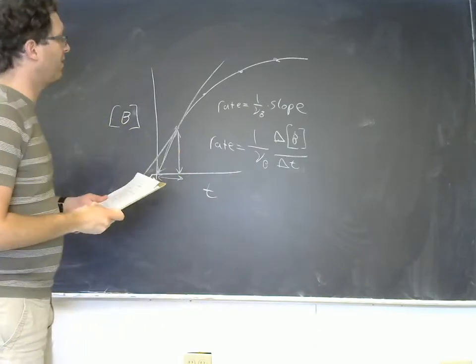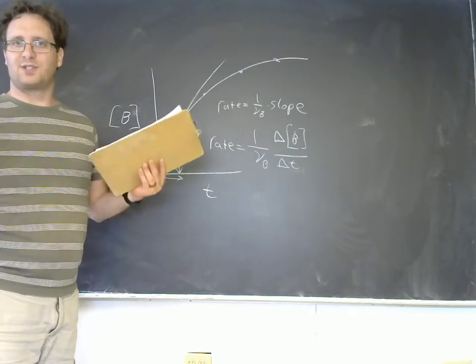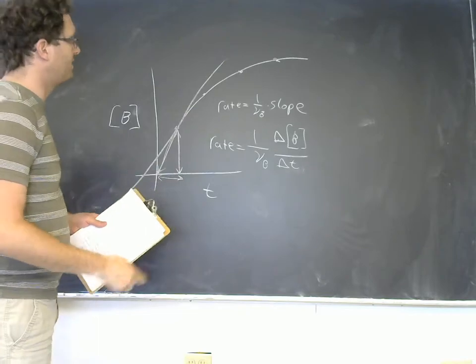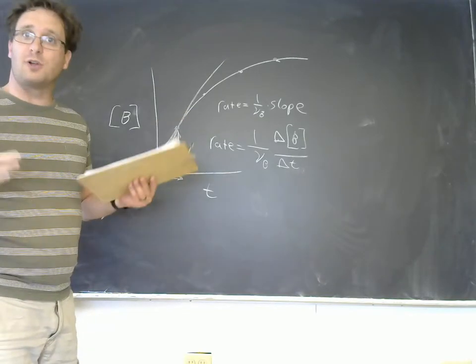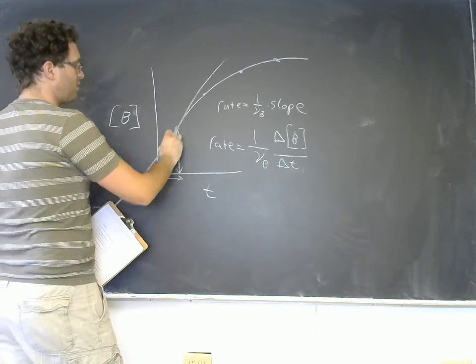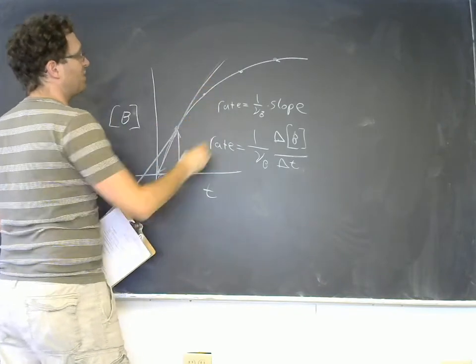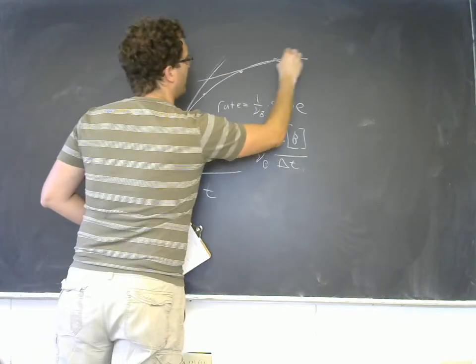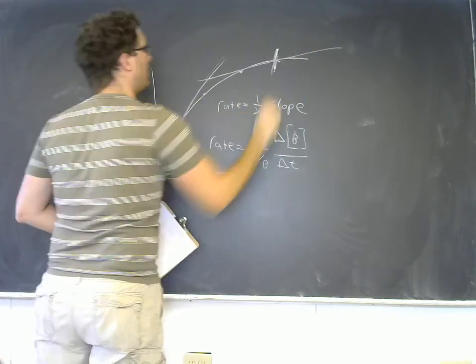One thing that I forgot to draw attention to in section 14.1 is that the reaction rate often will change over the course of a reaction. Your tangent line here, for example, has a much steeper slope than the tangent line right here.